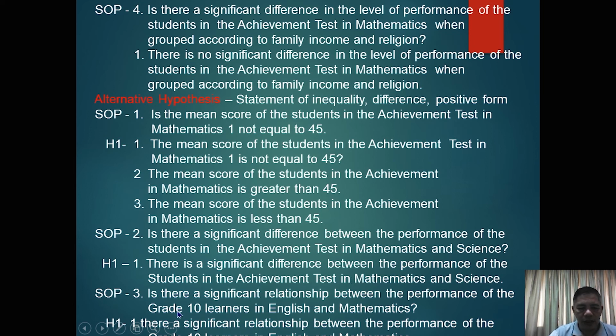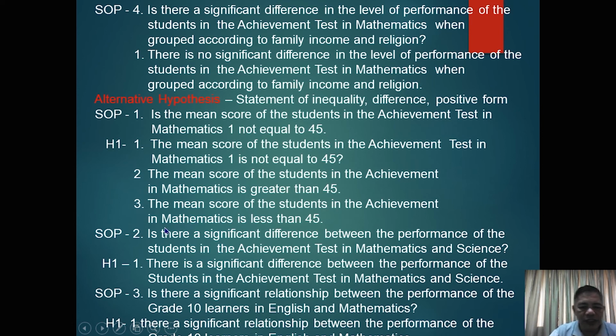Then SOP number 3: is there a significant relationship between the performance of the grade 10 learners in English and mathematics? Then the hypothesis: there is a significant relationship between the performance of the grade 10 learners in English and mathematics.